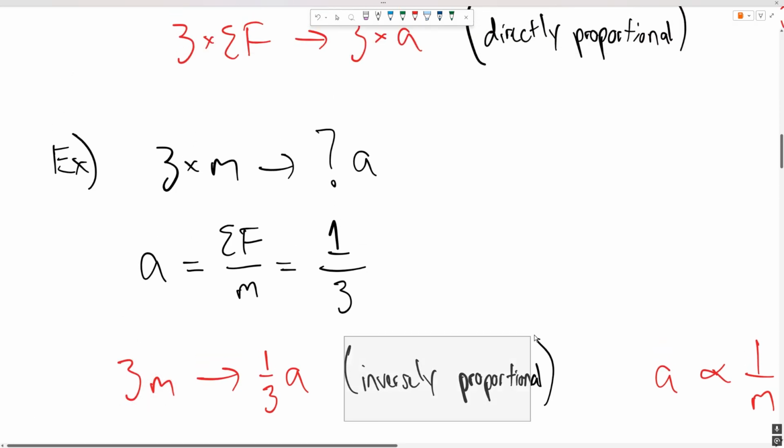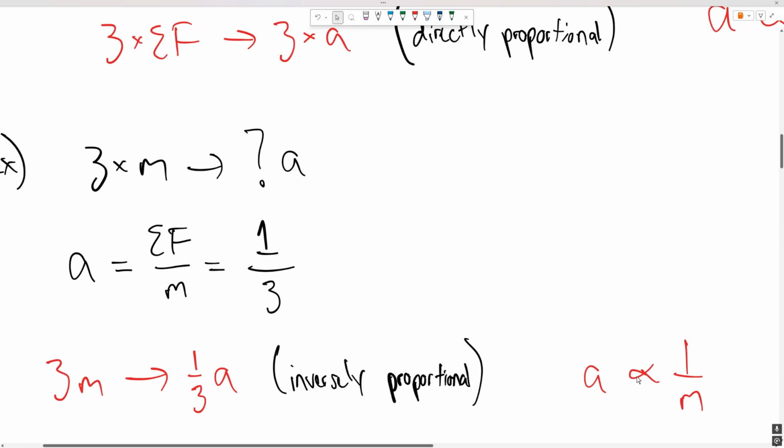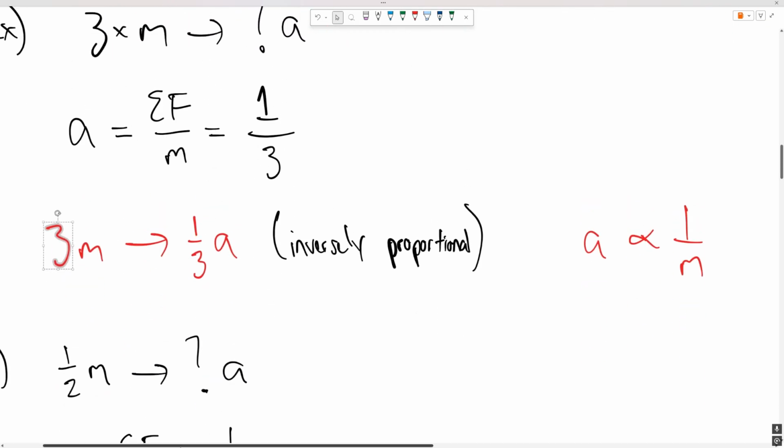And this is what's known as inversely proportional, because the acceleration is proportional to 1 over the mass. So whatever happens to the mass, kind of the opposite happens to the acceleration. If the mass increases, the acceleration decreases by that same multiple, in this case by 3, or you get 1/3 of the acceleration.